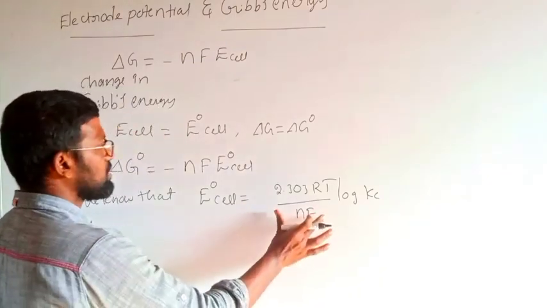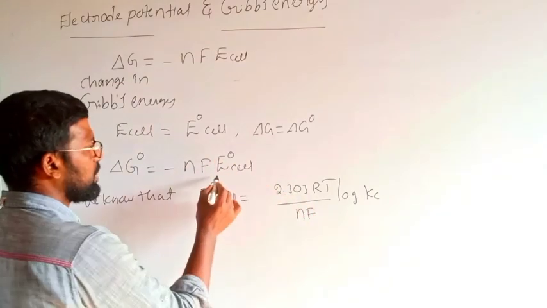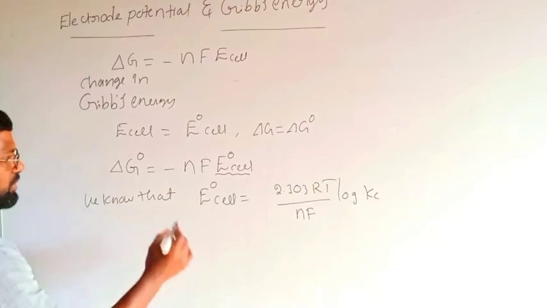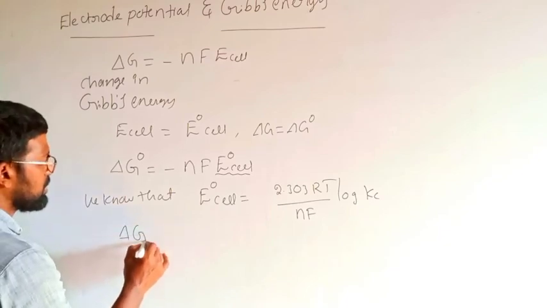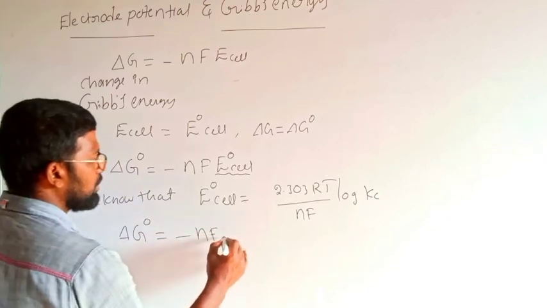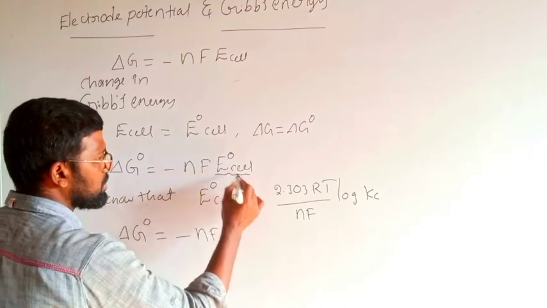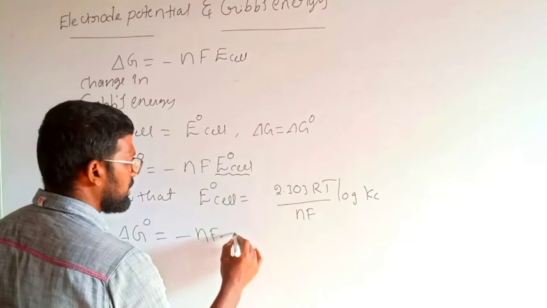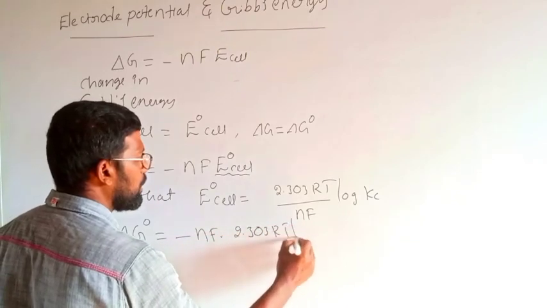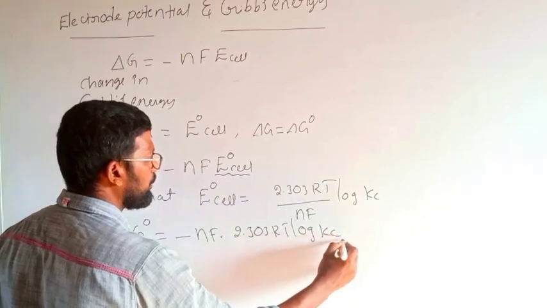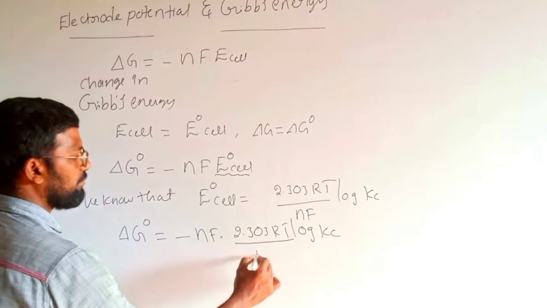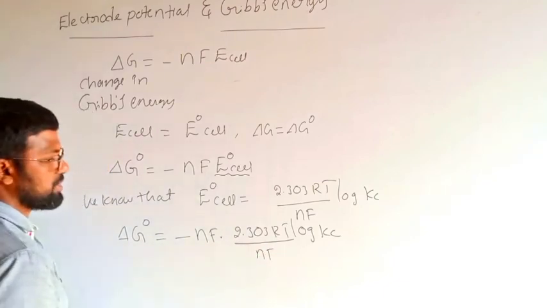On substituting this in the previous equation in place of E naught cell, we get delta G naught is equal to minus nF into 2.303 RT by nF log Kc.